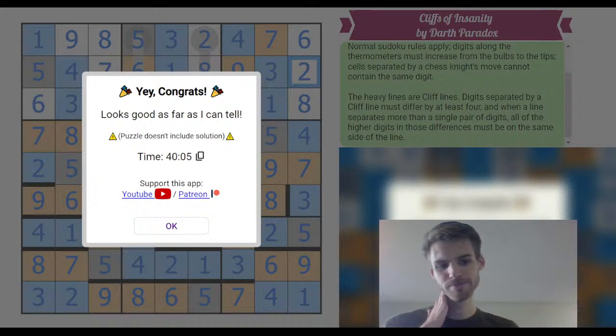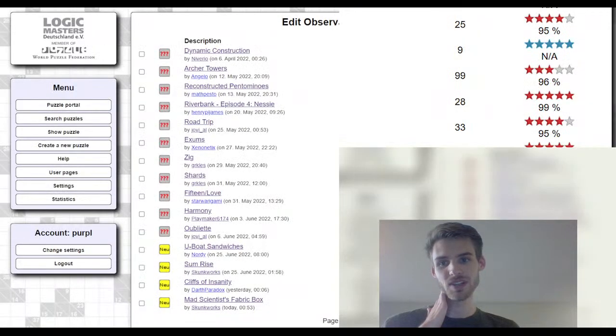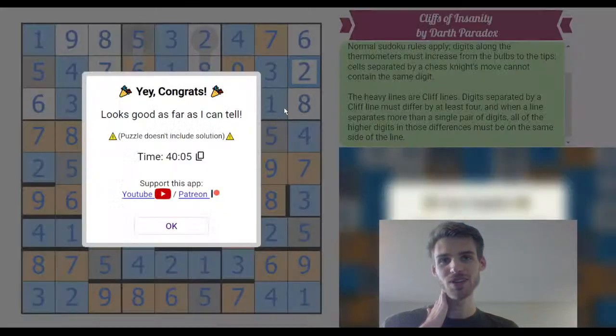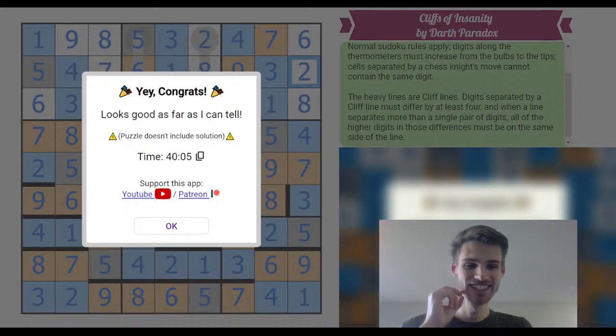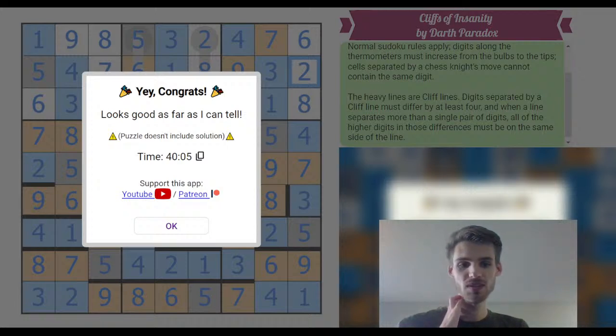I'm wondering if I should do one more. Okay, let's try to end the stream. Does anyone have a nice puzzle that they'd like to see streamed, like a kind of easy puzzle? No knight's moves. You can send it through Discord if you'd like.